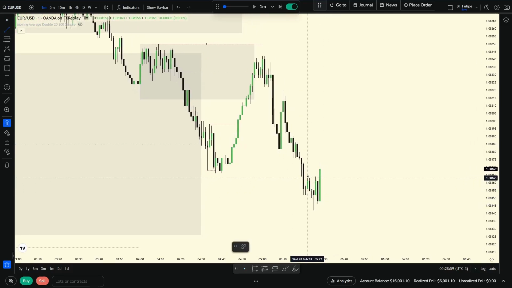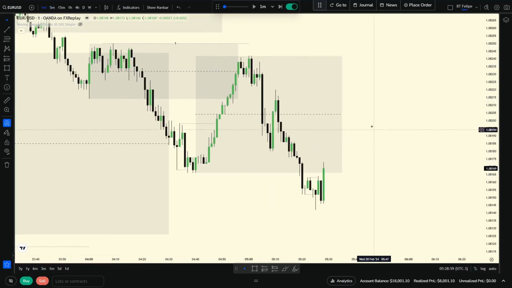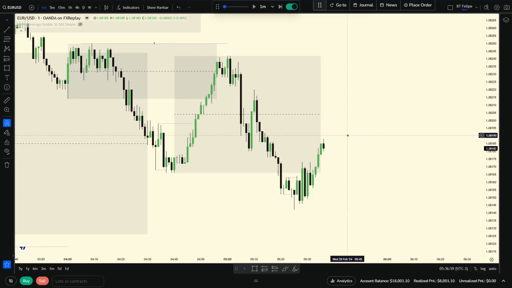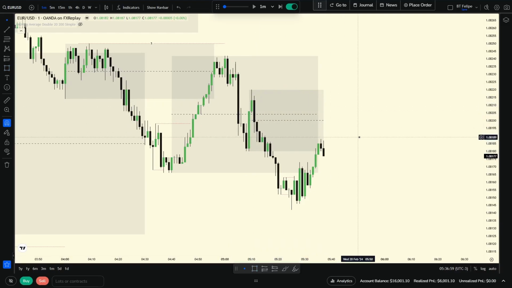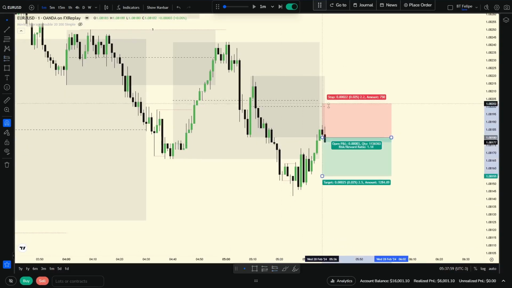Another manipulation. The POI is huge. Maybe the stop can go here, but it's too close to the TP.